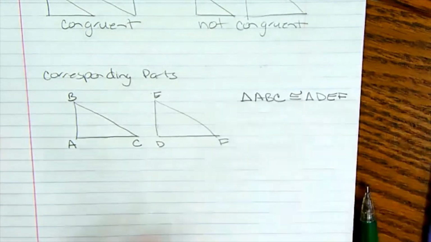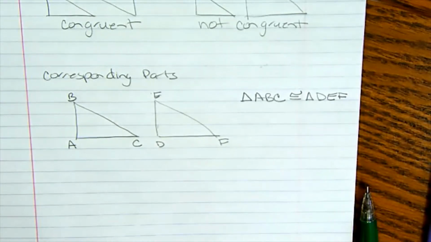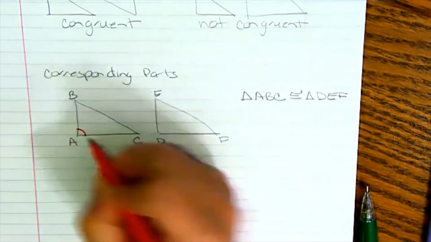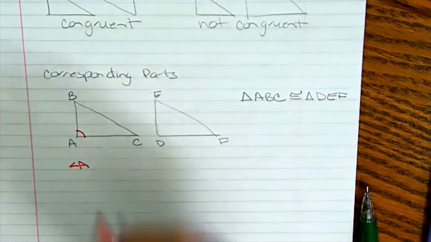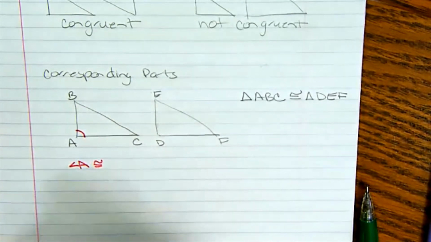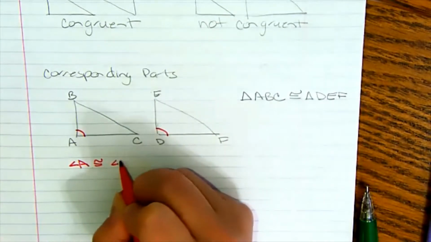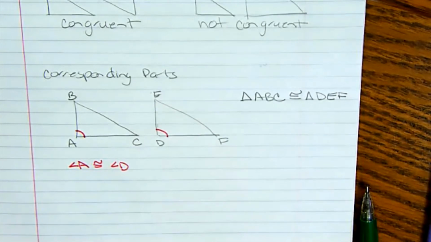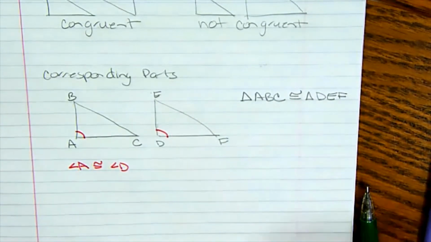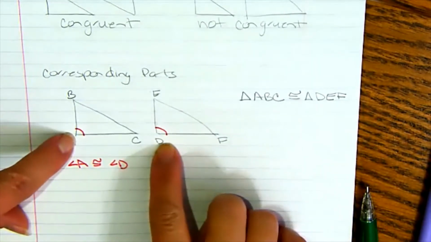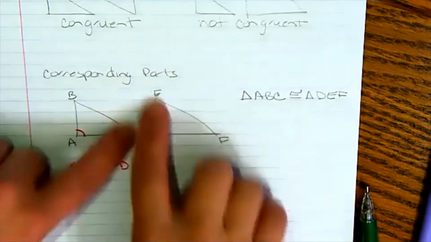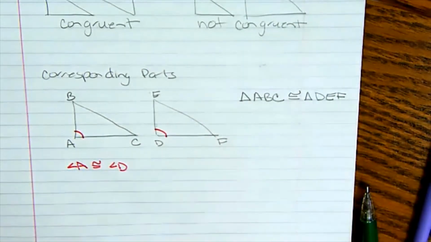Okay, so let's talk about congruent angles. Angle A is congruent to angle D. They are the same angles on the congruent figures.